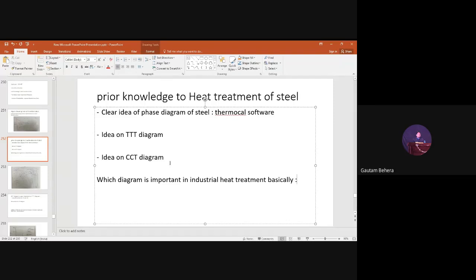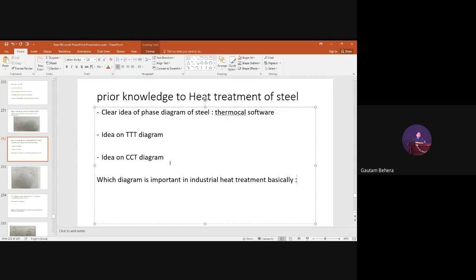So in the CCT diagram, what things will be available? Temperature will be there, time will be there, right? And the transformation will also be there, what kind of transformation is happening. But here, we are cooling the steel continuously, not isothermally.